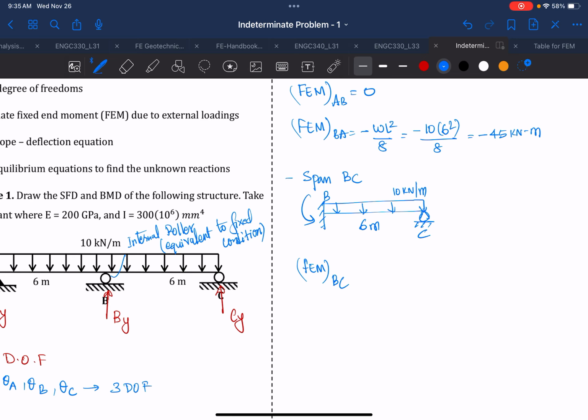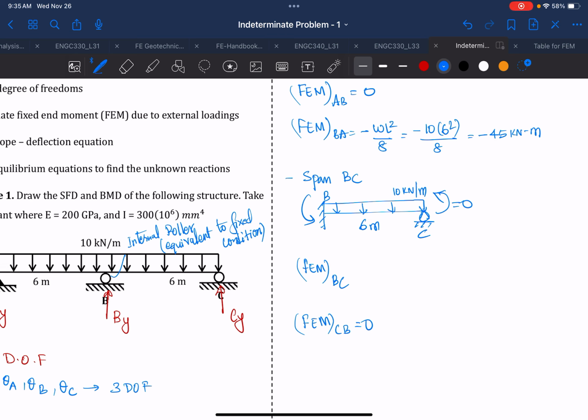Remember that this is always counterclockwise, but this will be equal to 0 because there's no moment at the external roller support. So the FEM CB will be equal to 0.